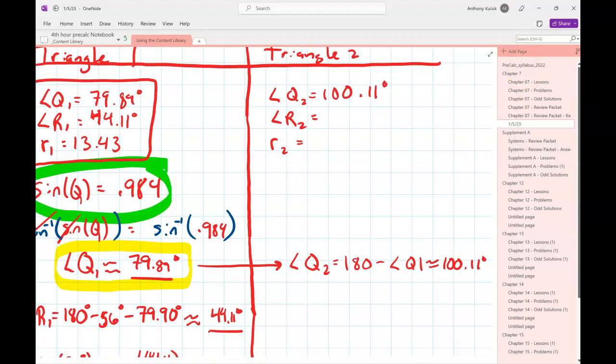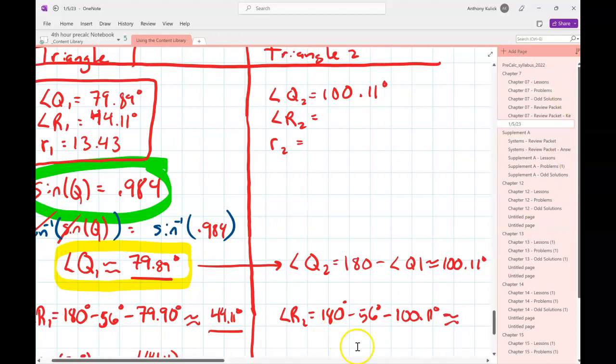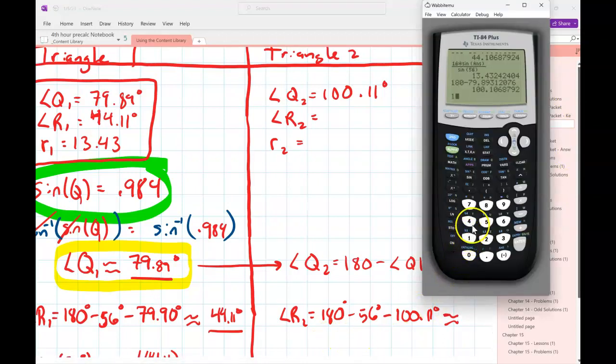Now I can calculate angle R2, because I know that's 180 minus 56 minus our Q2. Everybody's okay with that? Just using the triangle sum theorem from geometry.